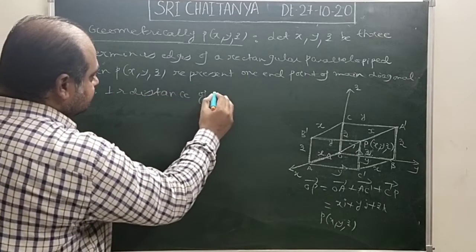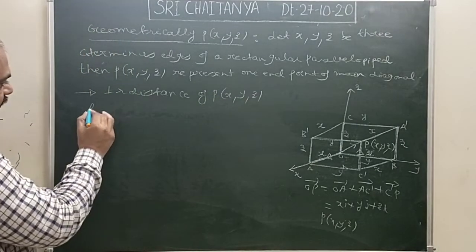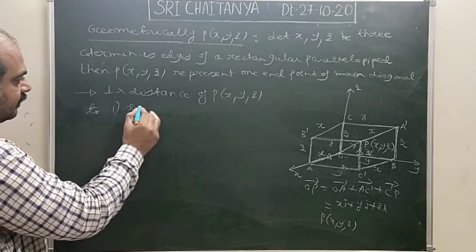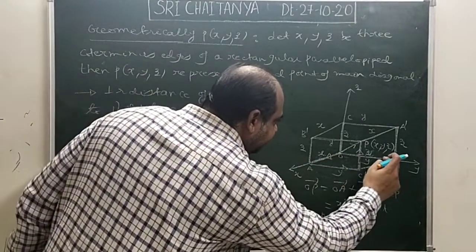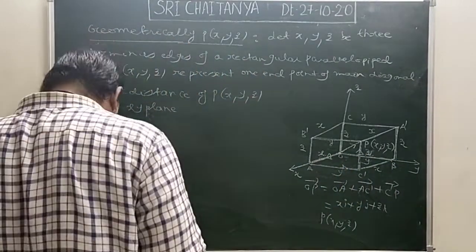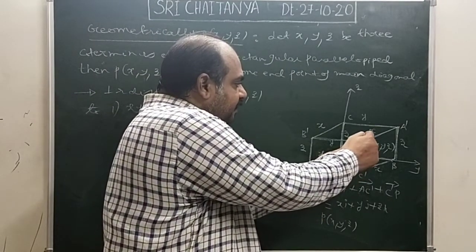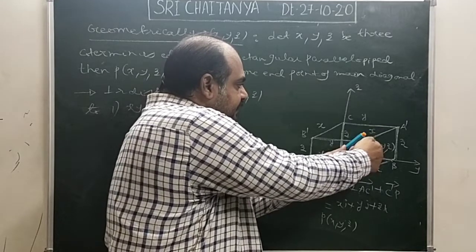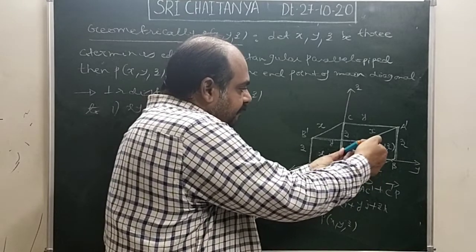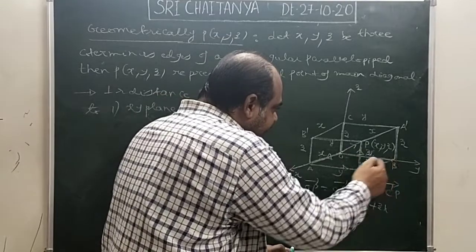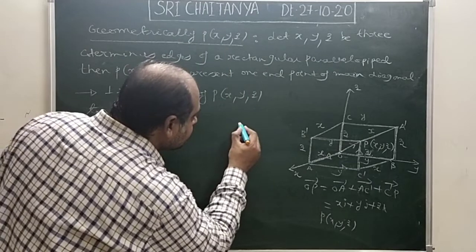Perpendicular distance of P, X comma Y comma Z to number 1, the XY plane. The XY plane is nothing but this face. Look at P, there is a point like this in space. From P, drop a perpendicular to the XY plane.